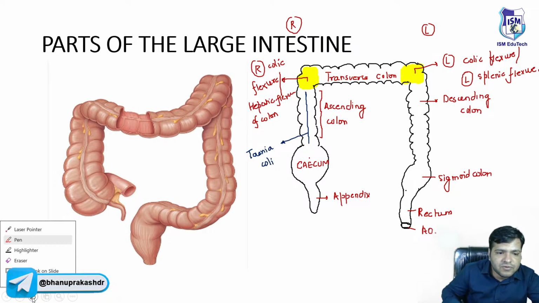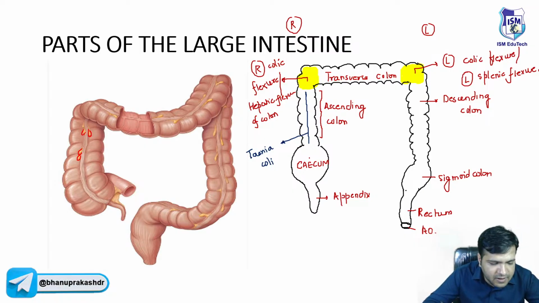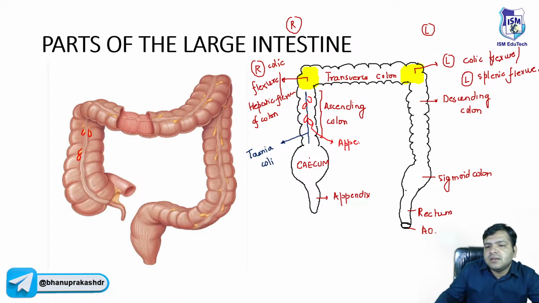Now you can see, beta, in the normal picture, we have small pouches coming out throughout, and these are called appendices epiploicae. If you can see these sacculations, these bag-like structures which are formed.